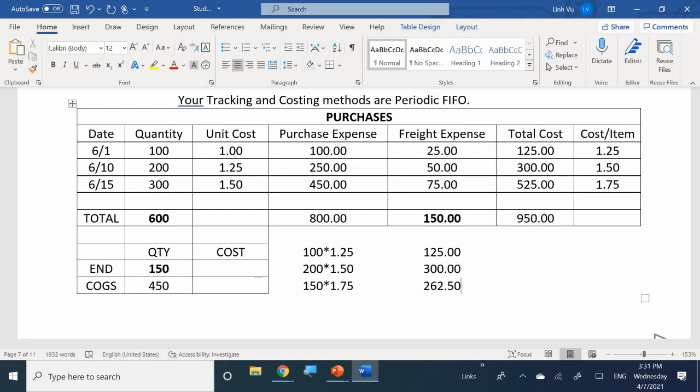262.50. All right, let's add up our totals. We have a total quantity of 450. What is my total cost going to be? 687.50. Yes. If I'm given that, then what is my total ending balance? 262.50. All right.